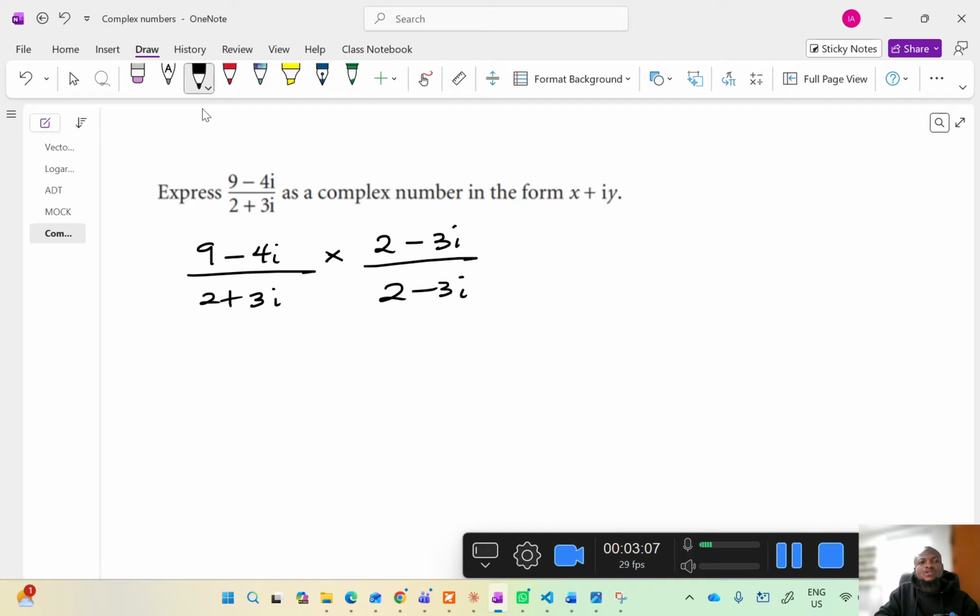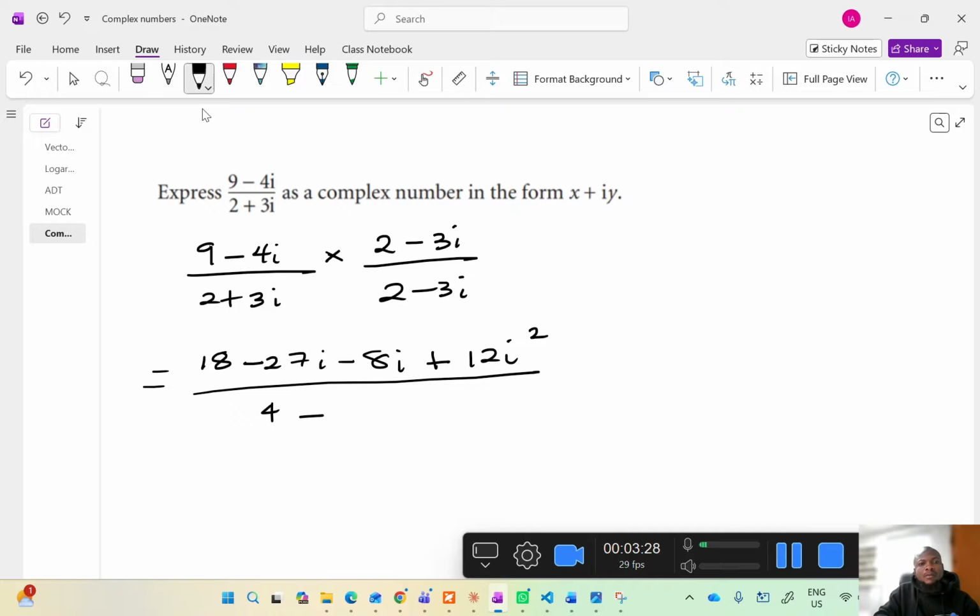So 9 multiplied by 2 is 18, 9 multiplied by minus 3i is minus 27i, and this becomes minus 8i, then plus 12i squared, divided by 2 times 2 is 4, minus 6i plus 6i minus 9i squared.